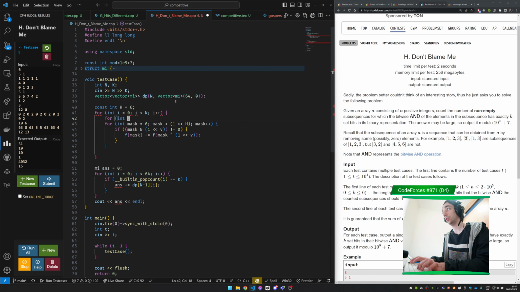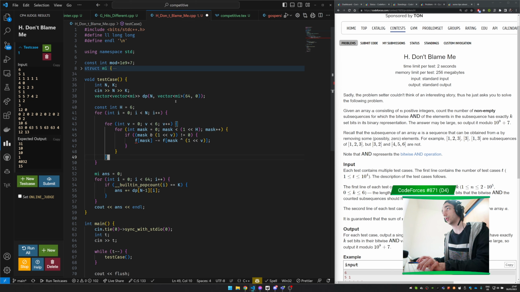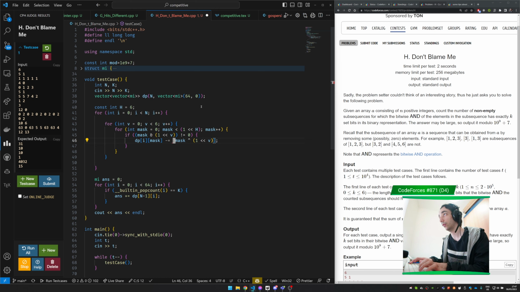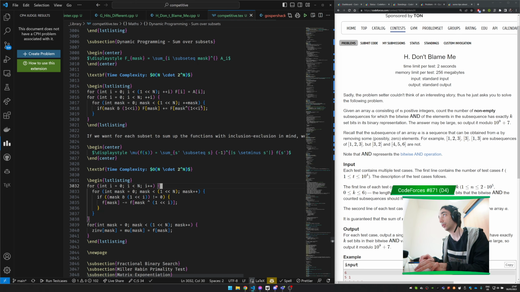Then we want to iterate v from 0 to 6. This way what we're doing is we iterate to 6 through all of these sets, to all of these bits, and now dp of i of this is like dp of i of the mask without this bit.